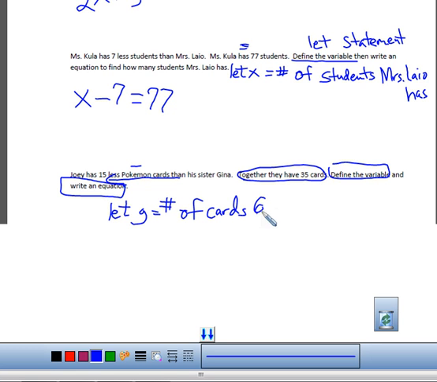Okay, so for this problem, we're going to be adding the two together to get 35. So we know Joey has 15 less than Gina. So Joey is going to be G minus 15. And that's going to be the number of cards Joey has.